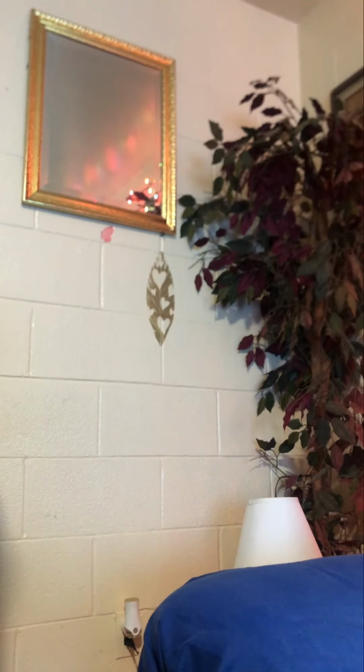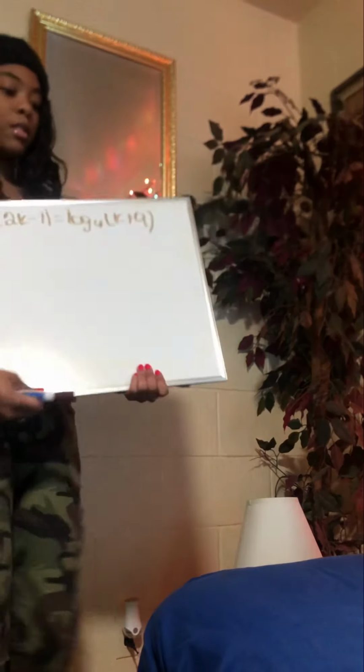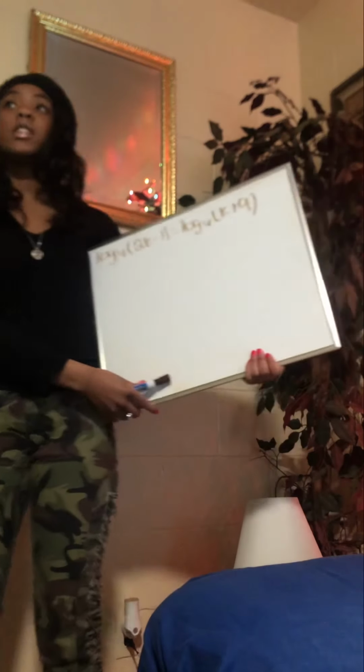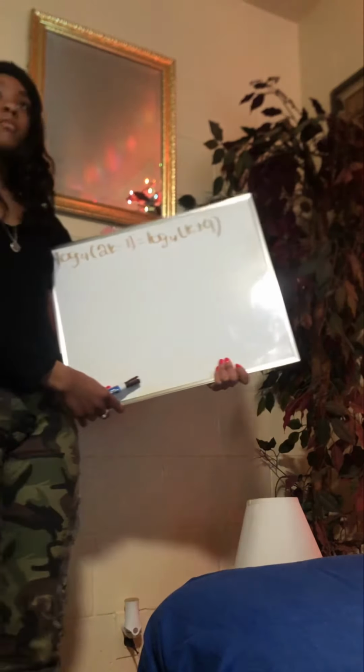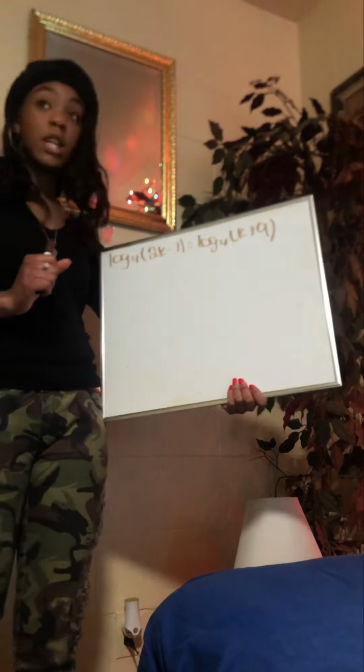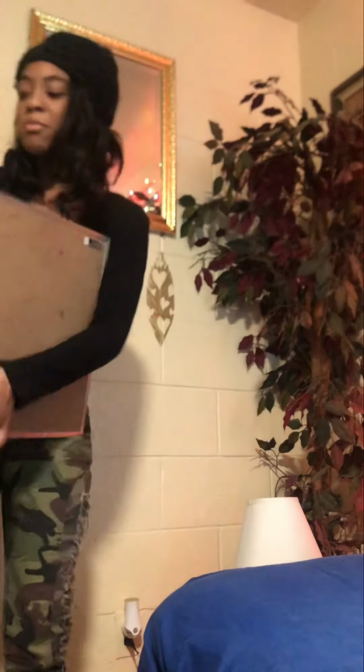Okay, your equation is log with a base of 4 times 2k minus 1 equals log with a base of 4 times k plus 9. Does anybody want to tell me my first step? Okay, James. You said cancel it out? Good job.